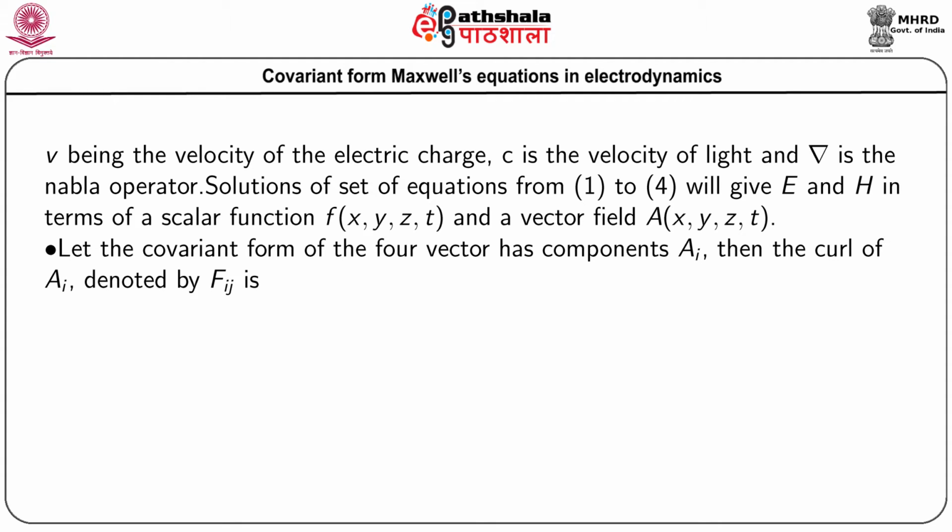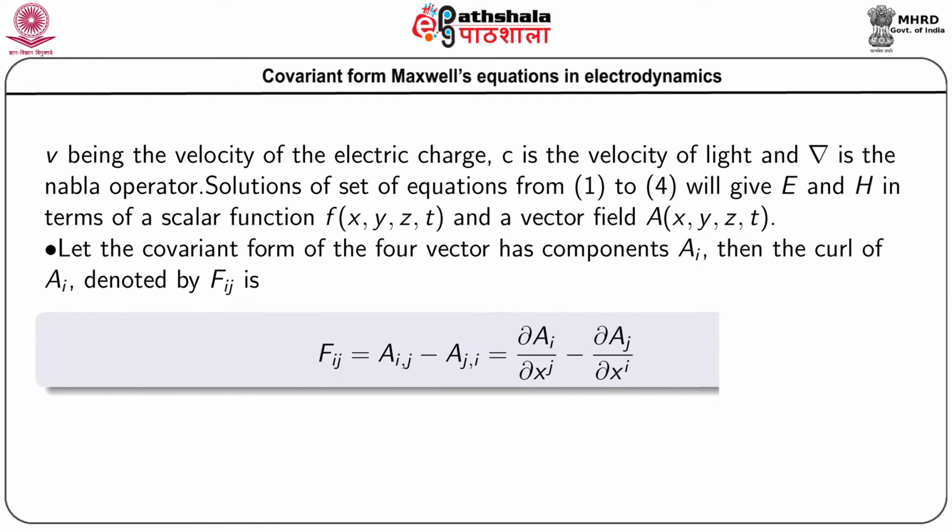Now, let the covariant form of the 4 vector has components A_i, and the curl of A_i is denoted by F_ij. So, we know from our tensor calculus that A_i,j minus A_j,i is the curl of A_i, and that is equals to F_ij.